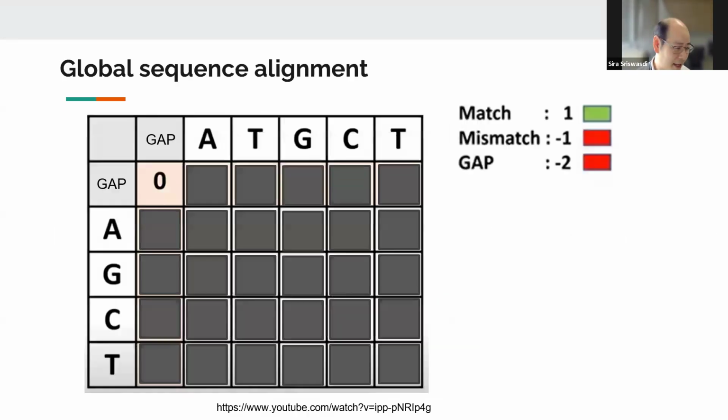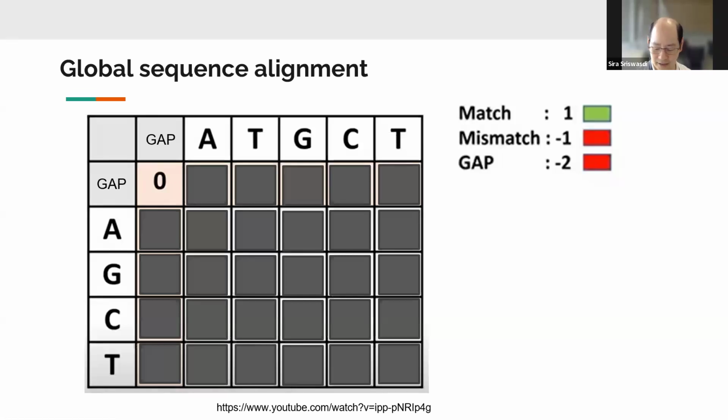So let's see the third example, for actual sequence alignment. Let's say we want to align sequences AGCT and ATGCT, very similar. The idea is we start from the top left corner, where we don't align anything yet, and the score is 0.